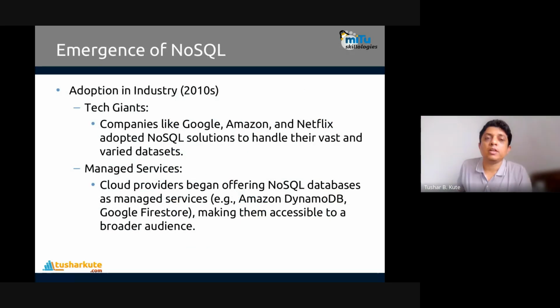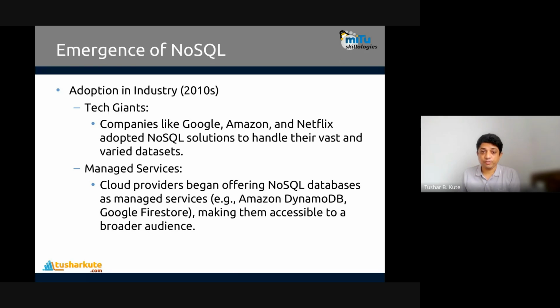Next. Though NoSQL started at the start of this century, from 2010 onwards the actual usage of cloud was undertaken by different tech giants, companies like Google, Amazon, Netflix, who adopted NoSQL solutions to handle their vast and varied data sets. So they were having a huge amount of data. To manage that systematically, in an organized way, tech giants started using NoSQL technologies.